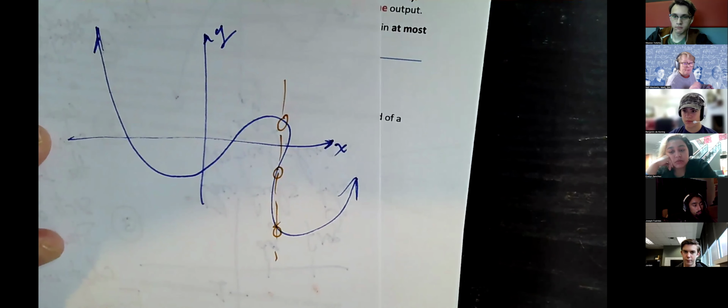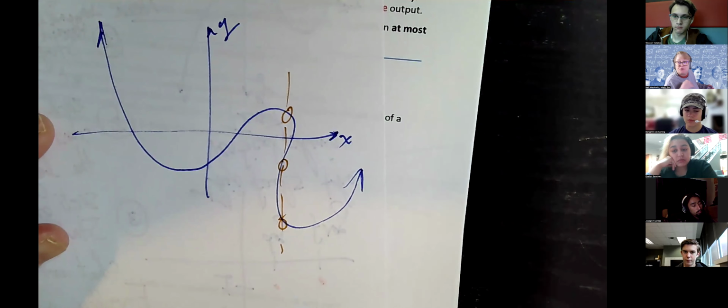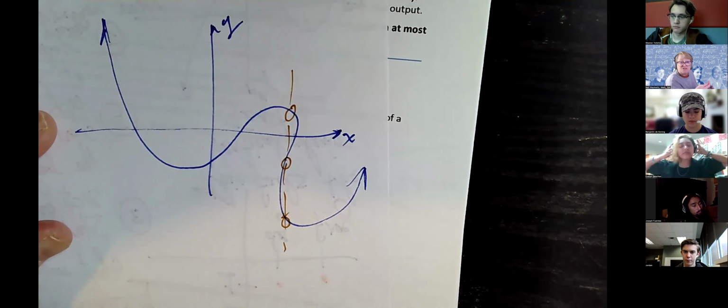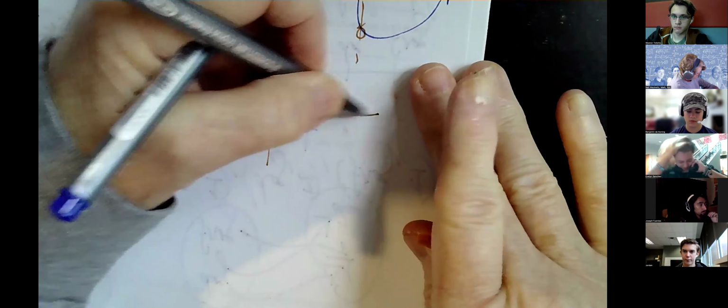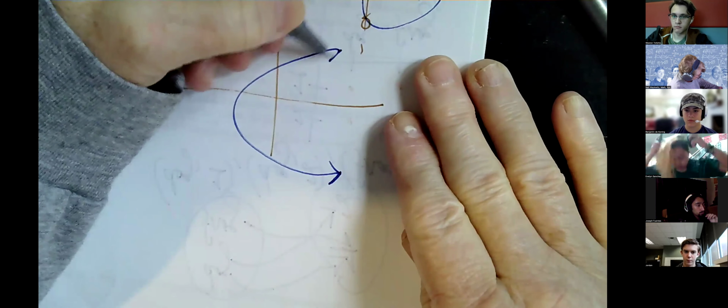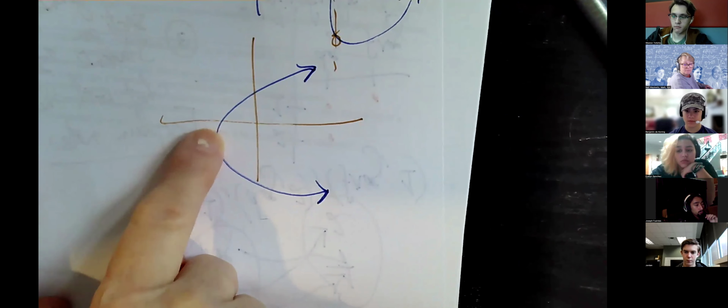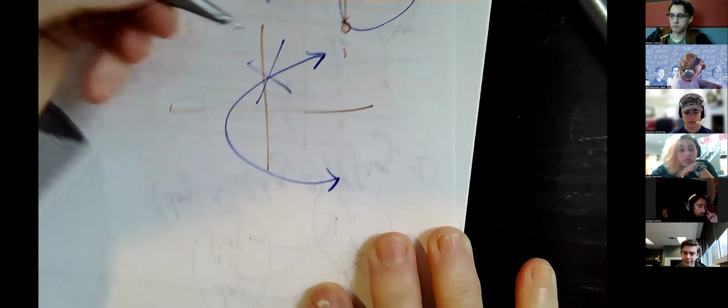Yeah, so anytime the graph of something folds in on itself, especially if you have something like this, so that after this vertex over here any vertical line is going to cut twice. So this is definitely not a function.